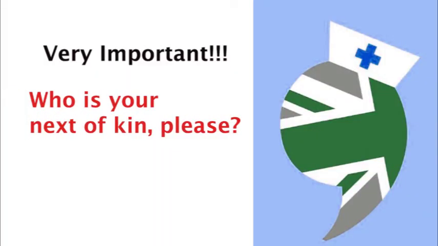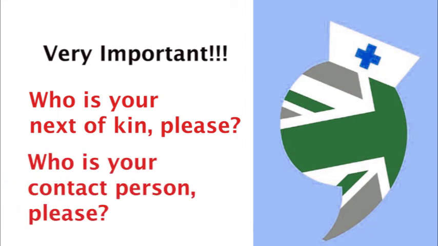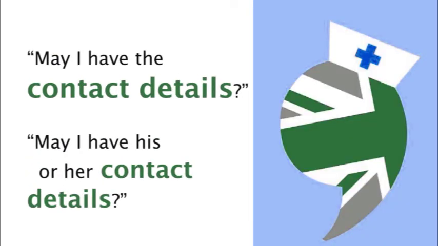Or you could ask, who is your contact person? And if you ask this question, and you should ask this question because we need to know who's the next of kin or the contact person, you will ask the patient, may I have his or her contact details, please?